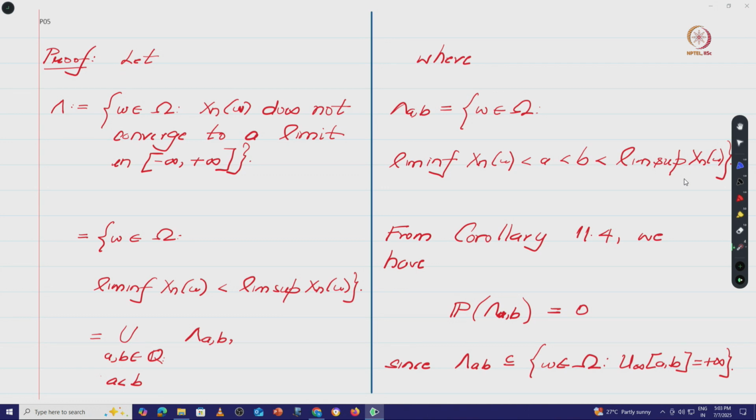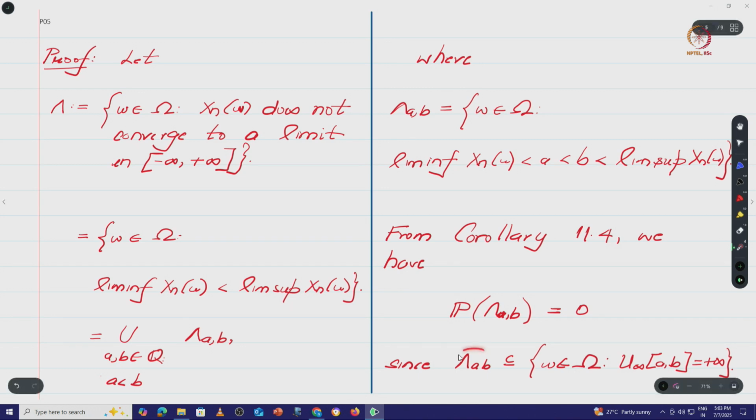If you choose the neighborhood of the lim_inf to be below A and the neighborhood of the lim_sup to be above B, one can conclude that because these neighborhoods are visited infinitely often, the upcrossings of AB will be plus infinity.